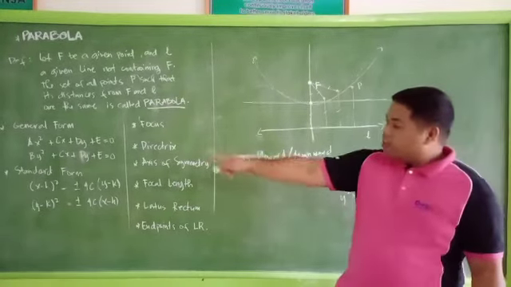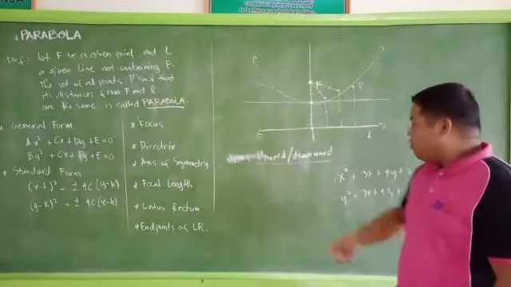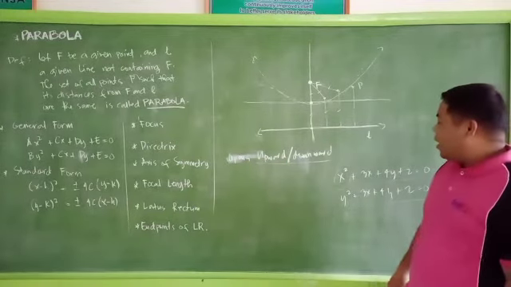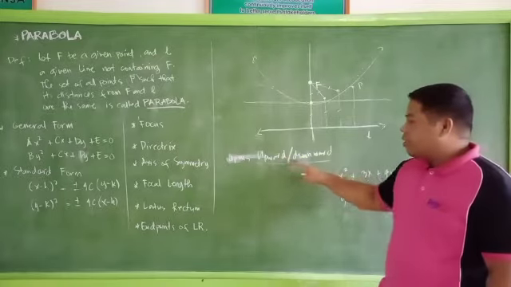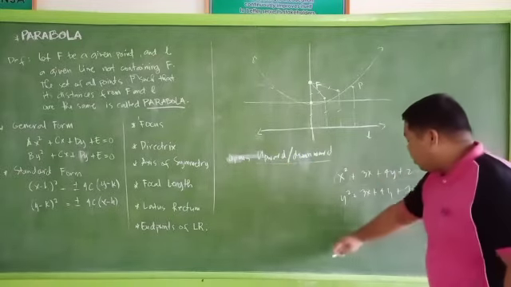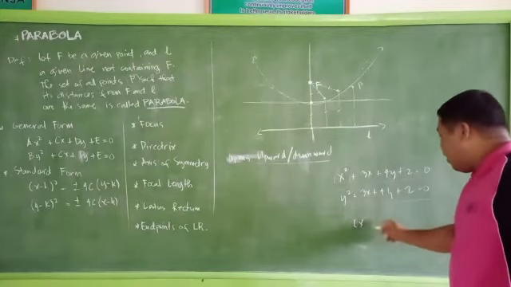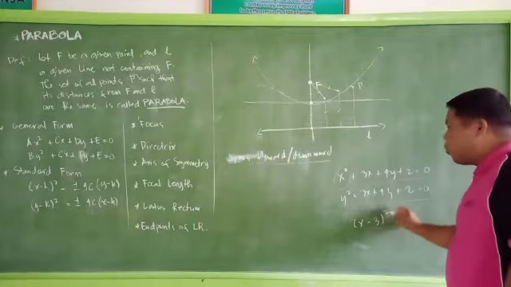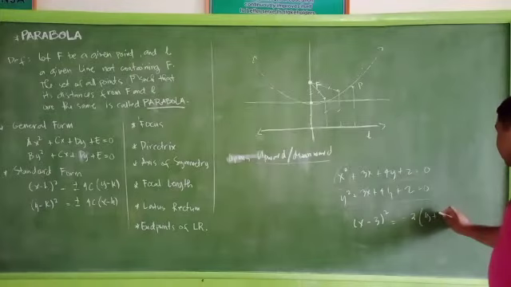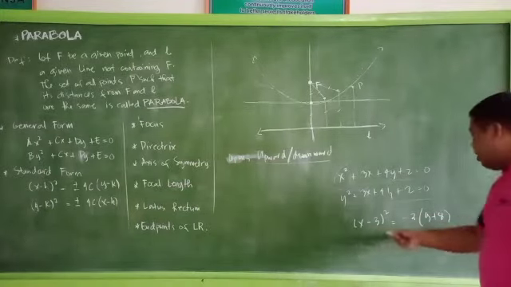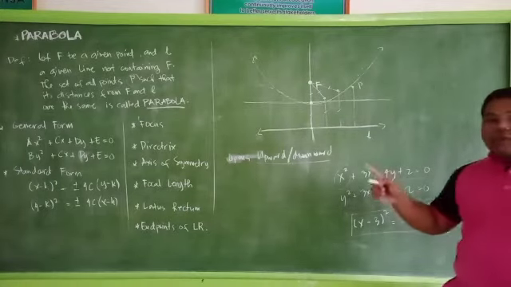Now, sa standard form naman, doon natin malalaman kung yung parabola natin either opens upward or downward. So let's say for example, meron akong equation dito ng parabola na (x − 3)² = −2(y + 8). So sa tingin nyo, itong equation na to is nakasulat siya in standard form. Tama.